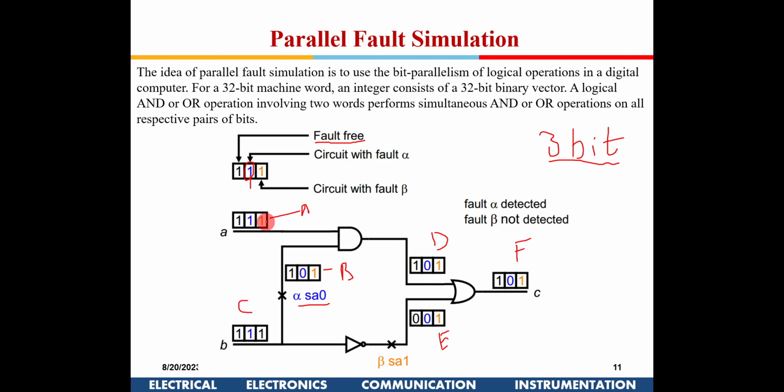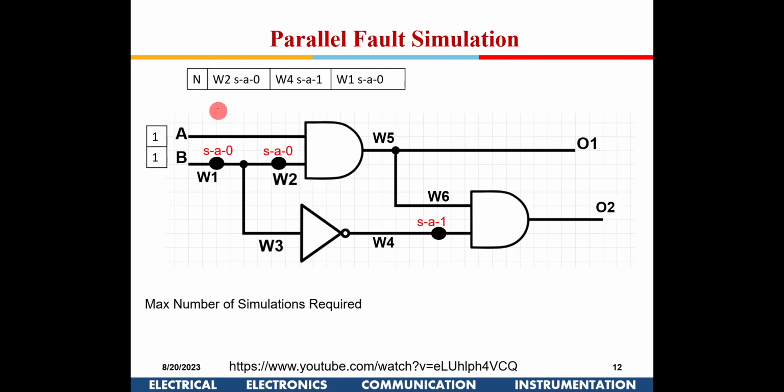So if you see here, this was an example for just a 3-bit. Let me take one more example. Suppose this is a 4-bit processor. Now I can take 3 faults at a time. So suppose I have taken 3 faults.